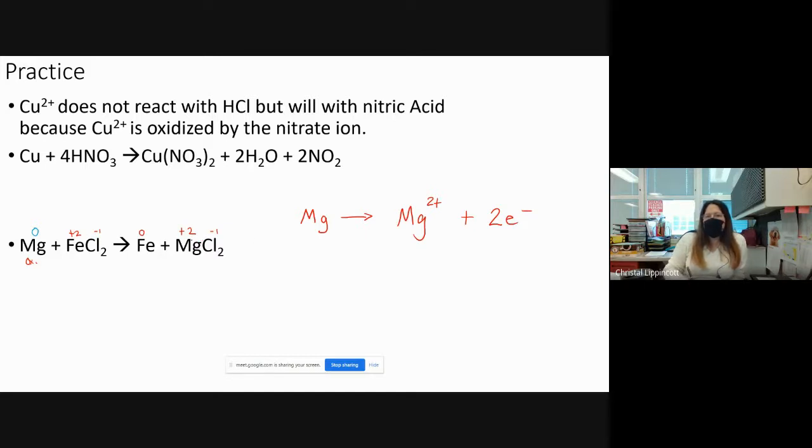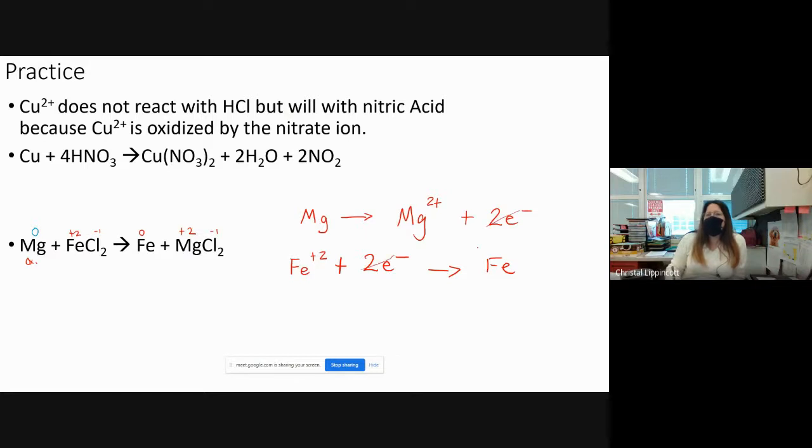Now, when we look at the iron down here, it went from an Fe 2+ to an Fe. So we have to add 2 electrons to get it to happen here. Now, these electrons end up canceling out.